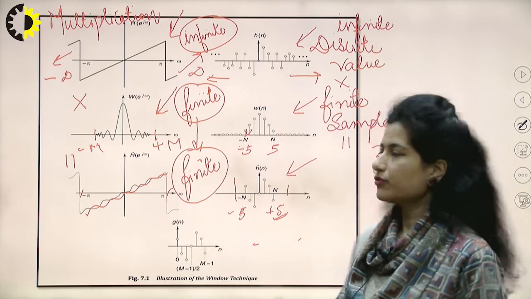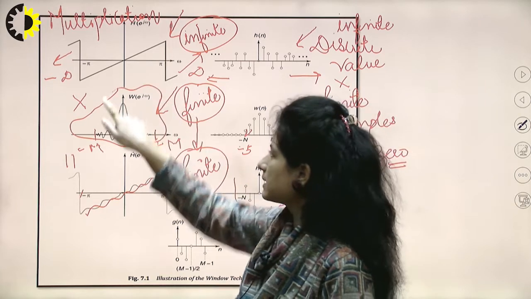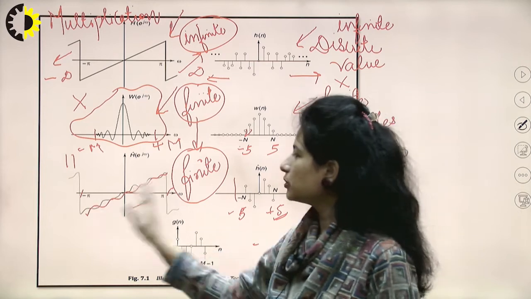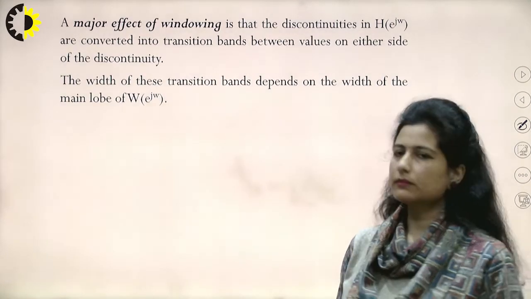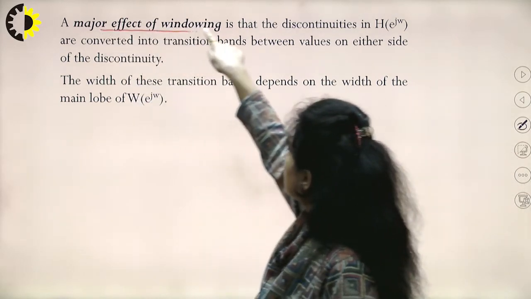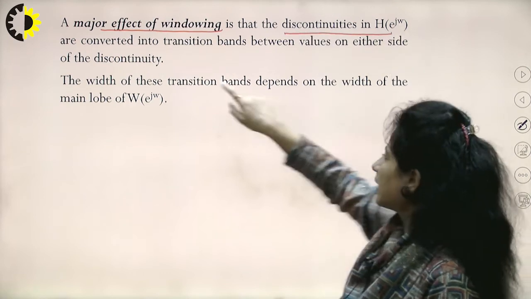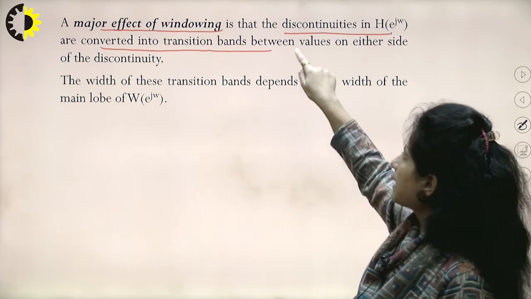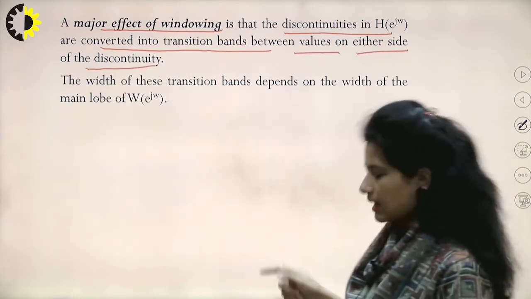So we have to see what different kind of such responses can be generated so that I get as smooth an output as possible after truncation. The effect of windowing is that the discontinuities in the response that we have shown in the previous slide are converted into transition bands between the values on either side of the discontinuity.